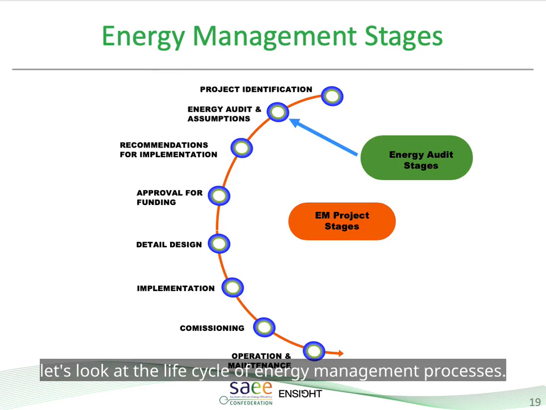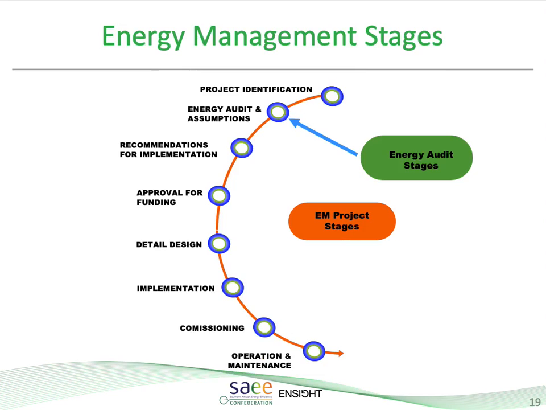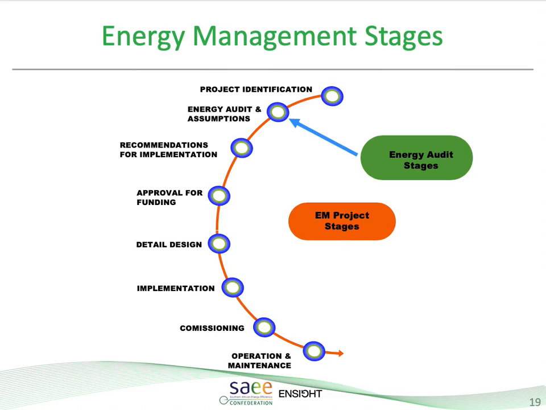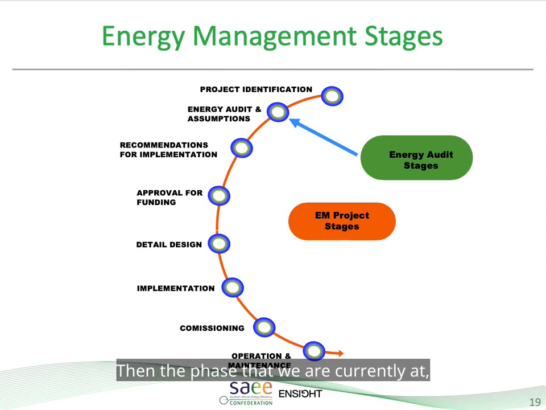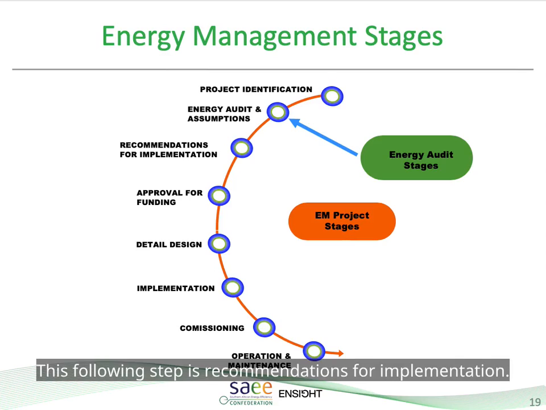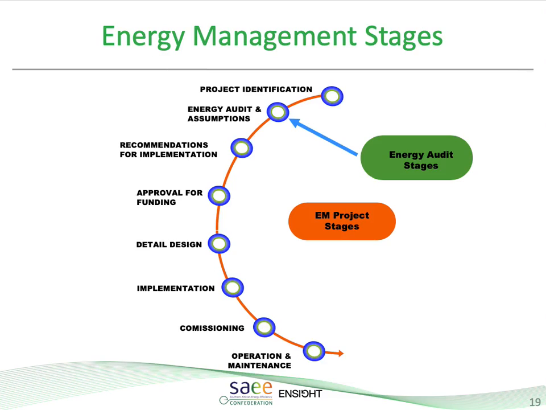Let's look at the life cycle of energy management processes. First, the project identification phase will exist. Then, the phase that we are currently at, energy audits and assumptions that are being made. This following step is recommendations for implementation.